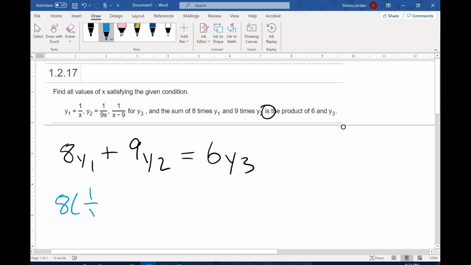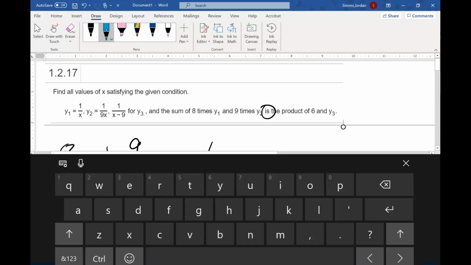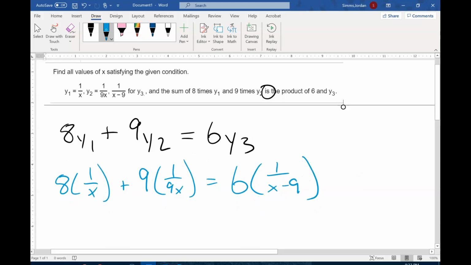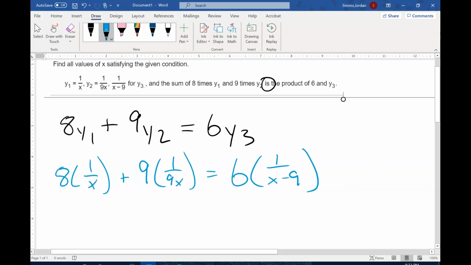And we'll write this in. Y1 is going to be 1 over x plus 9 times y2, which is 1 over 9x. And we have 1 over x minus 9 for y3. Okay, so let's go ahead and we'll multiply this all out. Remember, when we multiply a whole number by a fraction, we're basically just multiplying the numerators, right?